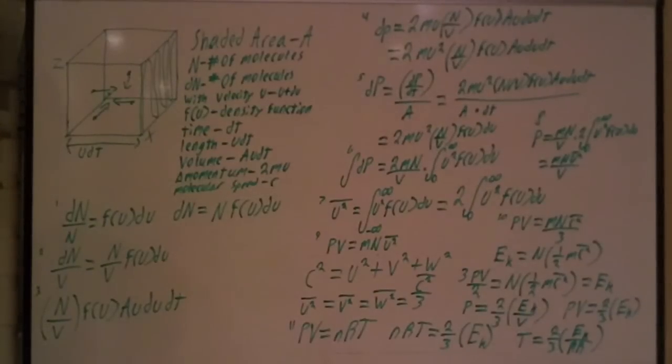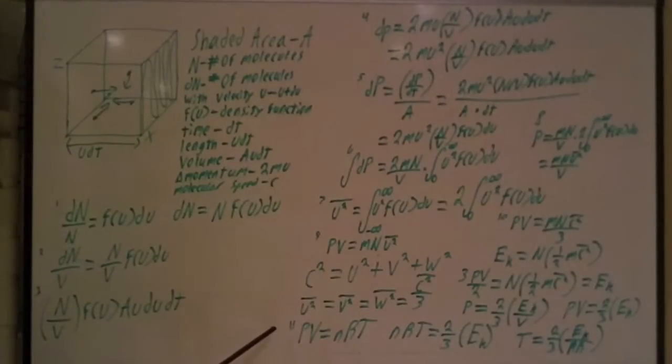Now in relation to temperature, what we have here is an ideal gas. Therefore, it follows the ideal gas law, PV equals nRT, where P is pressure, V is volume, n is the number of moles, which is the amount of gas, R is some gas constant, and T is temperature.